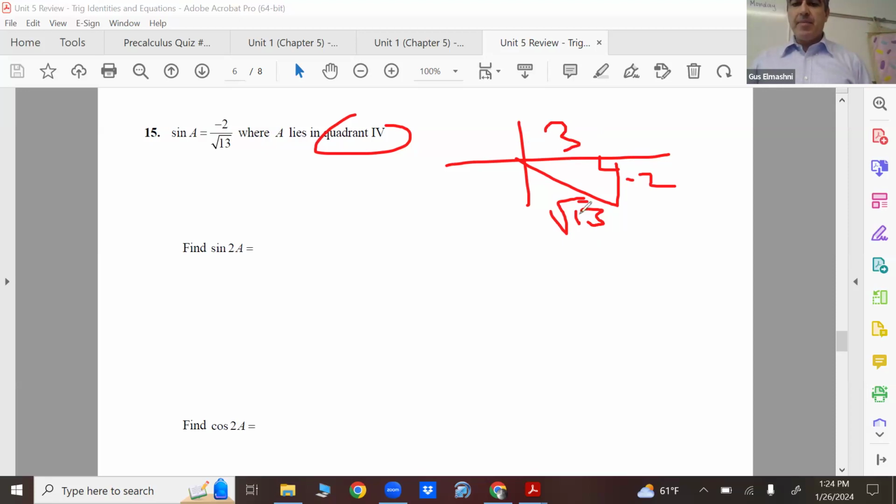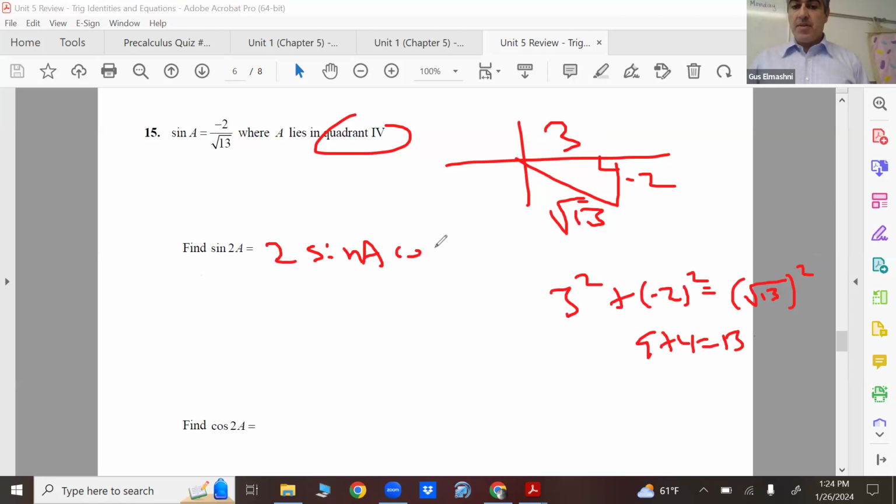So that's just Pythag, right? Because 3 squared plus -2 squared equals root 13 squared. 9 plus 4 equals 13. That makes sense, right? Sine 2a, the formula will be given to you. Just use it.